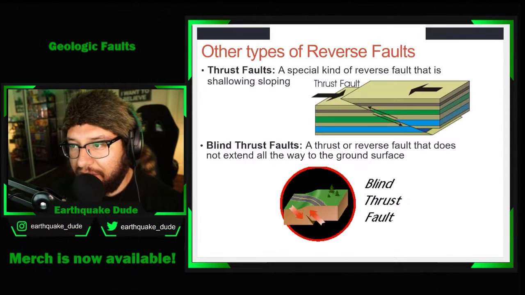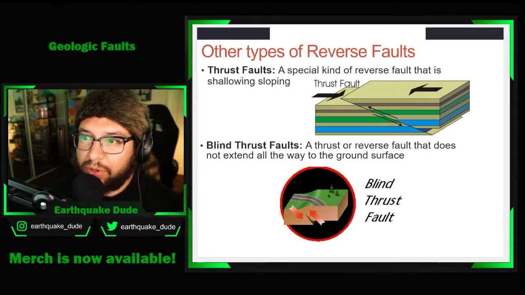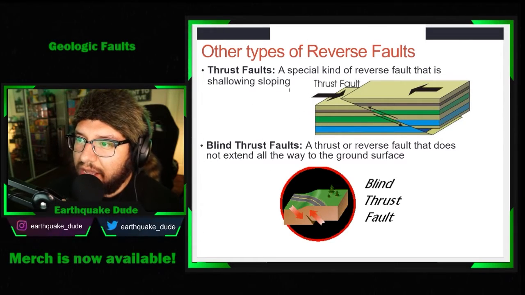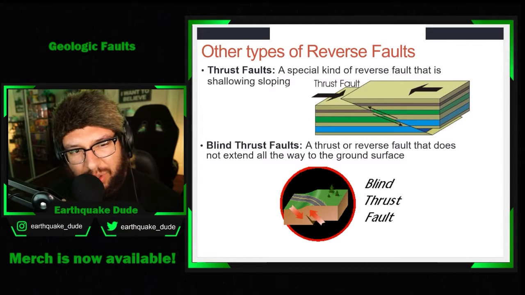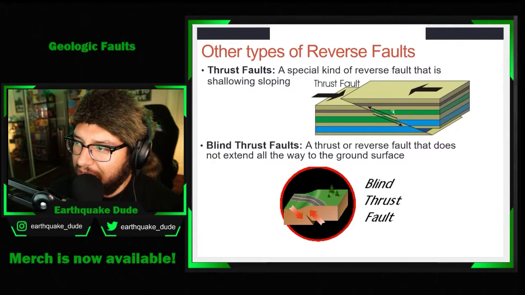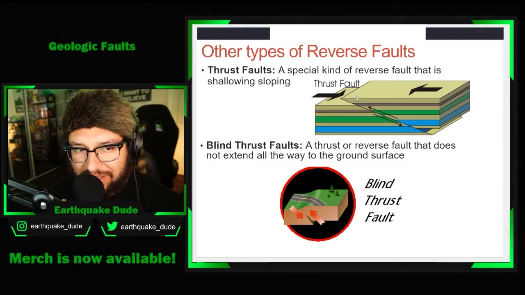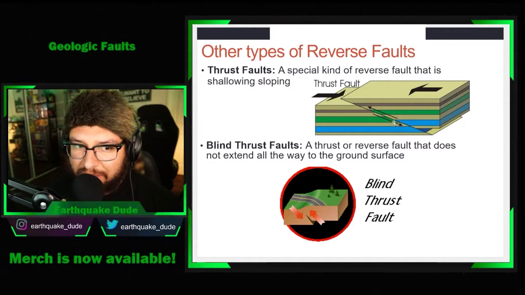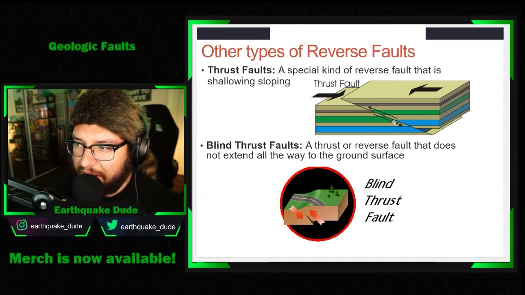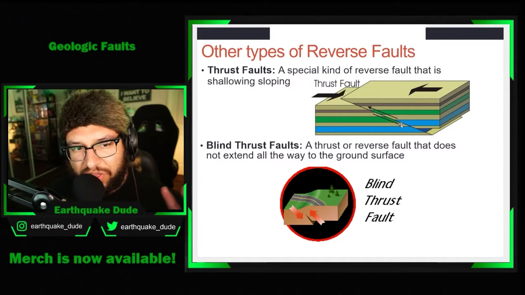Now, there are other types of dip slip faults. We have thrust faults and blind thrust faults. Thrust faults are a special kind of reverse fault that has a shallower slope. You can see the hanging wall still goes up, so it has the same movement as a reverse fault. It's just that the plane is at a much shallower angle, so it's more of a thrusting upwards.